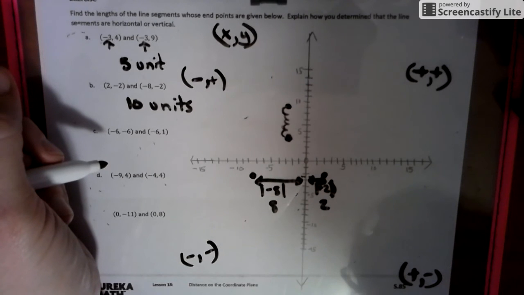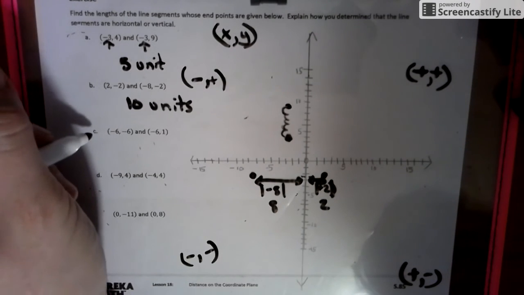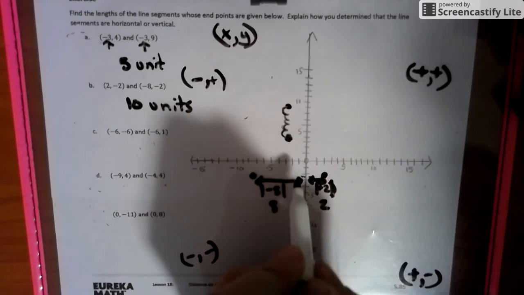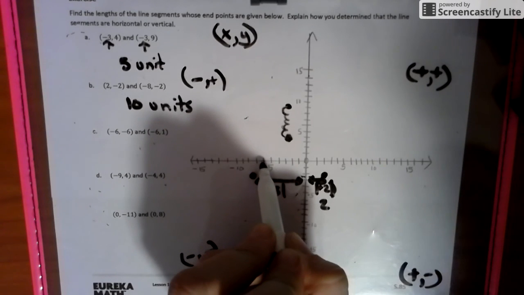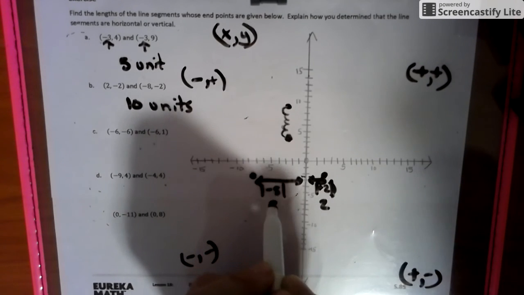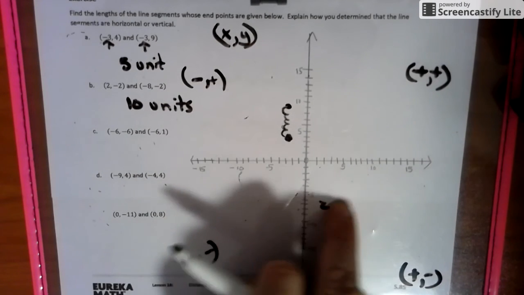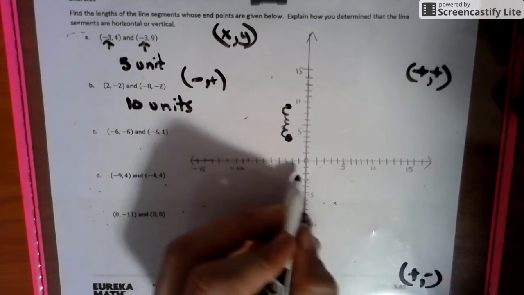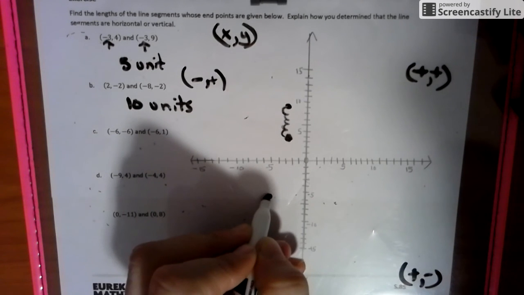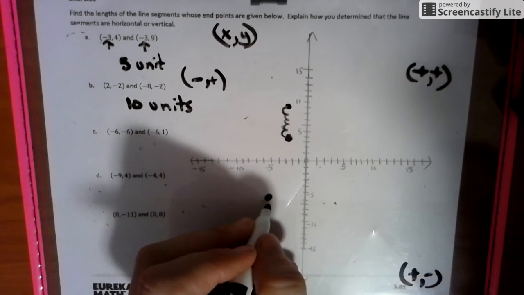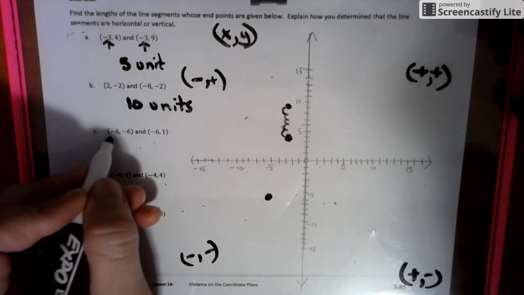So we'll look at one more. Let's look at letter C. So we go -6 over and then down -6. So we're going to erase this, you already have that. So -6, -6. There's that point. If you notice, we're back to the x's being the same.